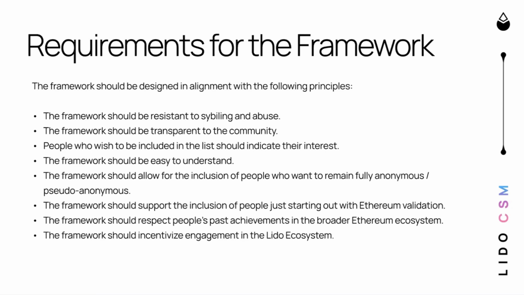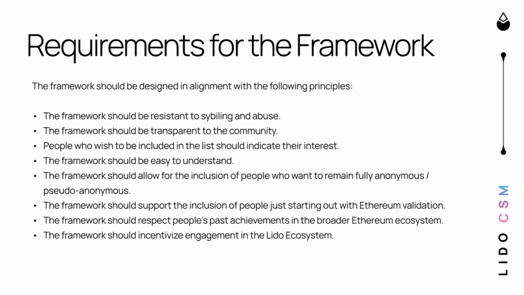It should be transparent to the community so that community members can see and understand how this or that applicant got to the identified community stakers list. People who wish to be included in the list should indicate their interest.